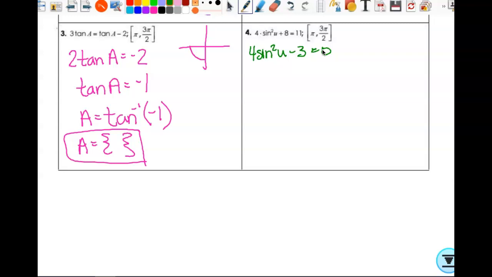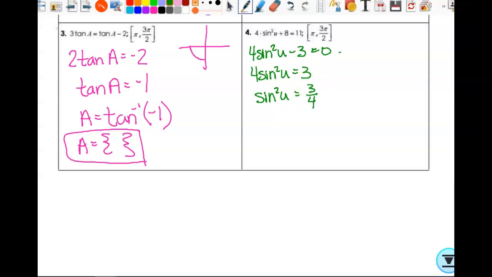So instead, I got to solve it a different way. I'm going to move 3 over, and I'm going to get 4 sine squared u equals 3. Maybe you could look at it and not actually write that step down and know you wouldn't get a difference of squares. That's fine. I just don't want to lose you on your notes. So now that I have this, I can solve for sine. I'm going to divide both sides by 4, and I'm going to get sine squared u equals 3/4.